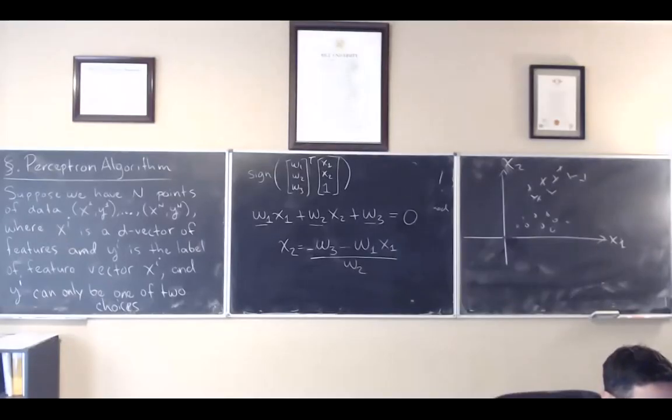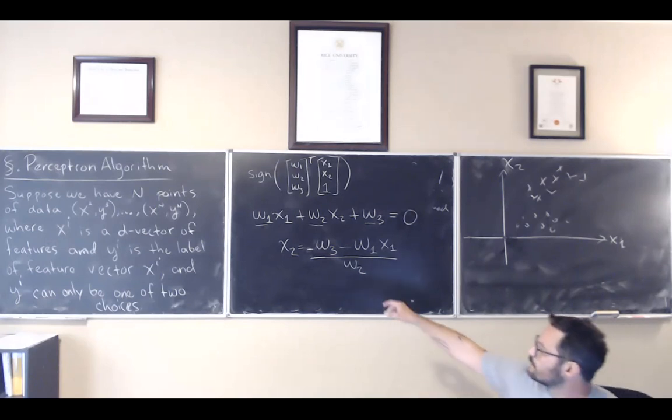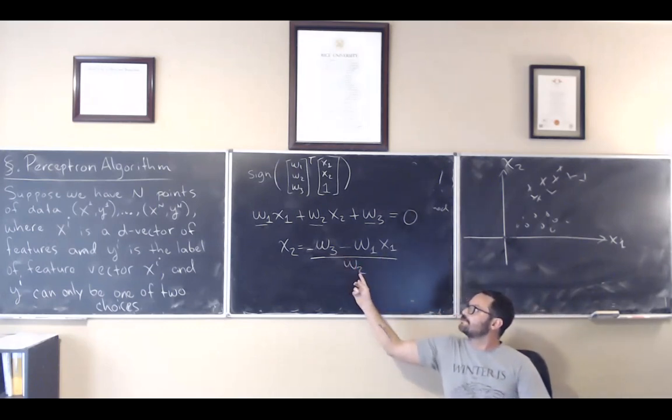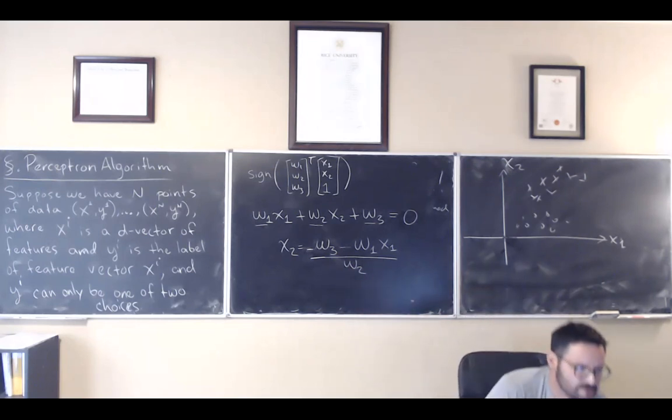Yeah. Thanks. So it's going to be negative. Oh, and the indices are off. It's like 0, 2, 1 for the weights.